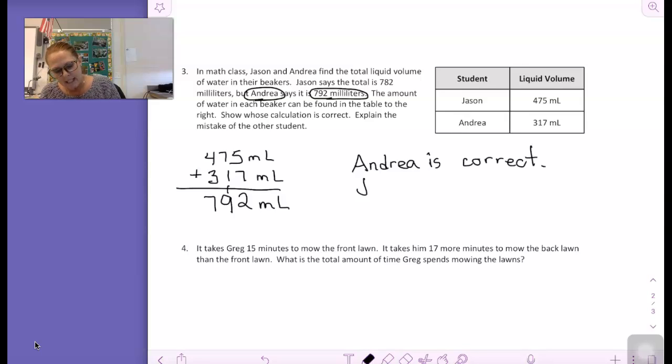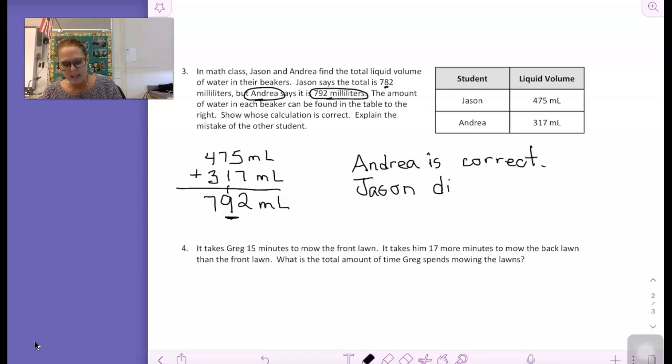What mistake did Jason make? Jason got 782. What did he forget to do? He did not regroup his 10 when he added the ones.